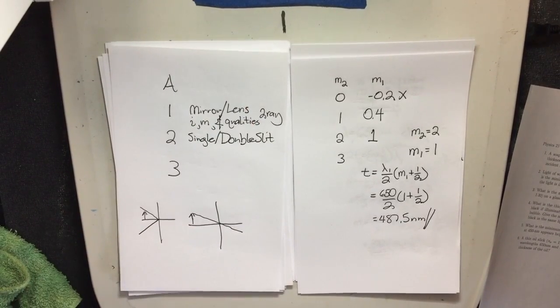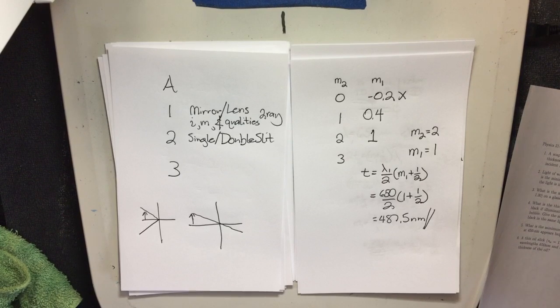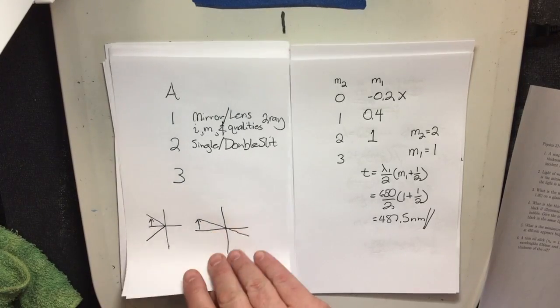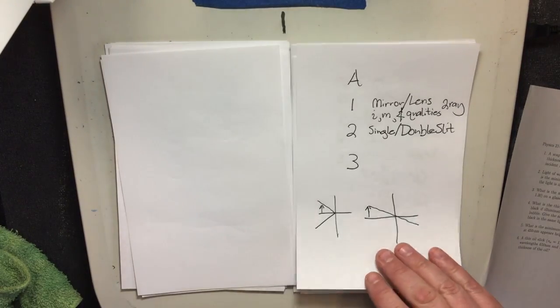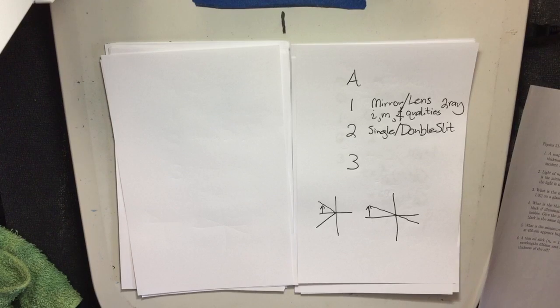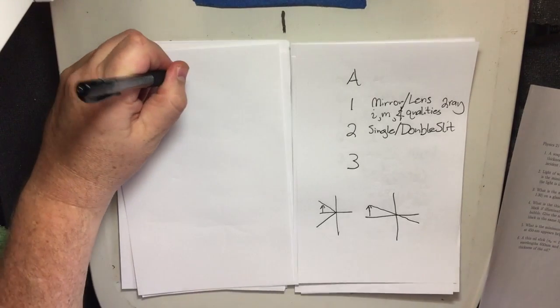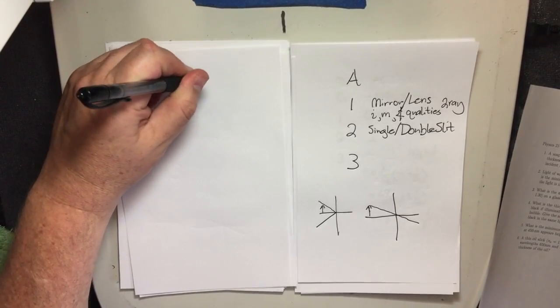I would say that one of the others is going to be a single double slit. Count the bands, count the angles, stuff like that. The other stuff, I mean, we've covered thin films.